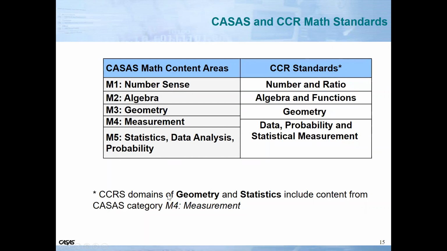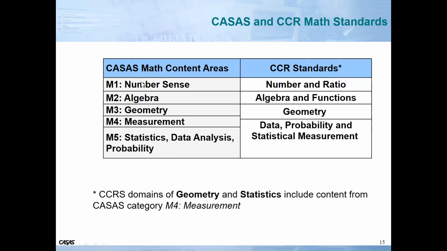And then there's a few other areas in the CCR that include measurement from the CASAS category. If you've worked with the CCR standards, it's a little bit challenging to understand exactly how they play out. And we found that our CASAS standards are a little bit more straightforward.